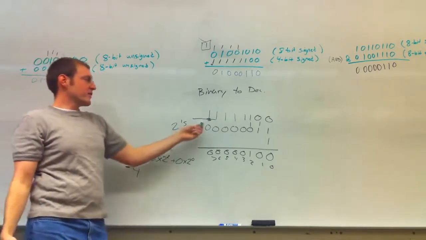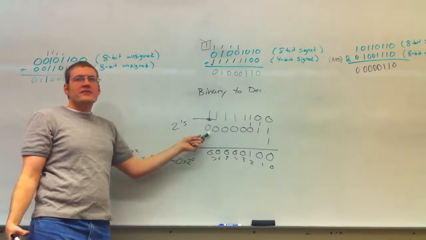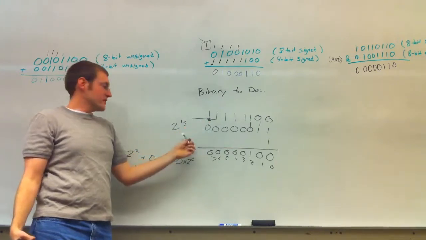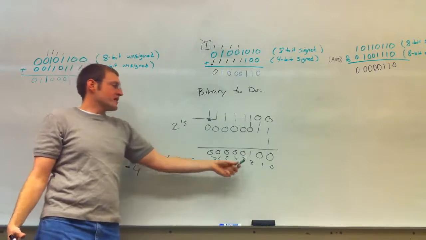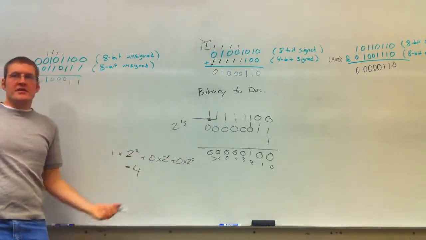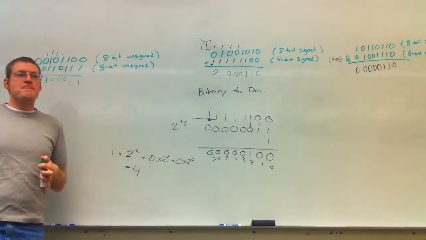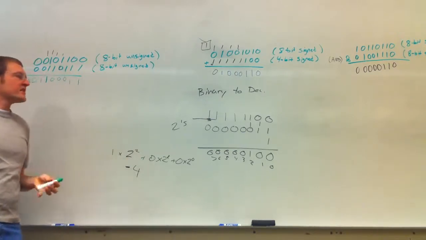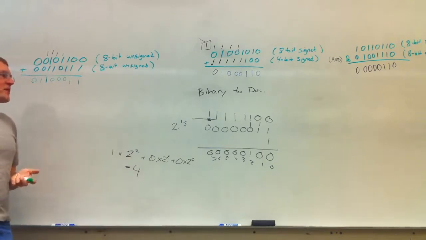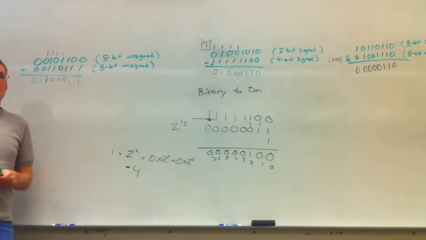And so I convert over from my negative binary to a positive binary number by doing 2's complement. So that way I get the positive decimal value of that number. And so that way I can just put the negative in front of that, because then I can say, oh, it's negative 4. You have to do that conversion before you can convert. There are tricks, but I do it this way because it's simpler and easier.